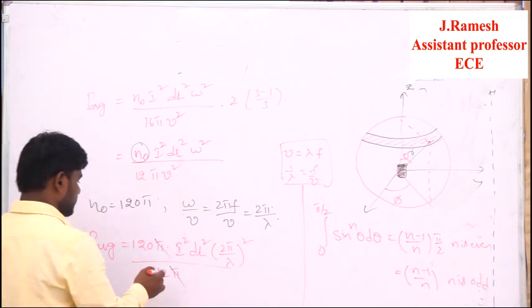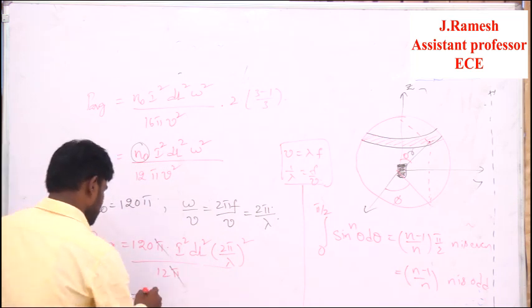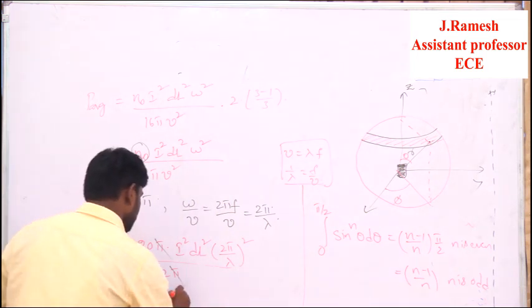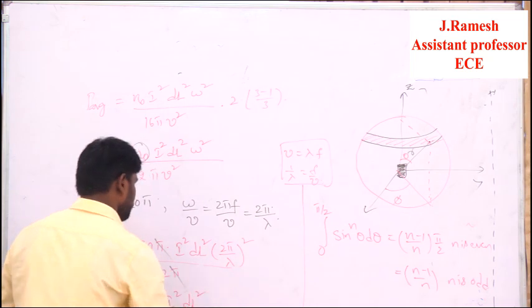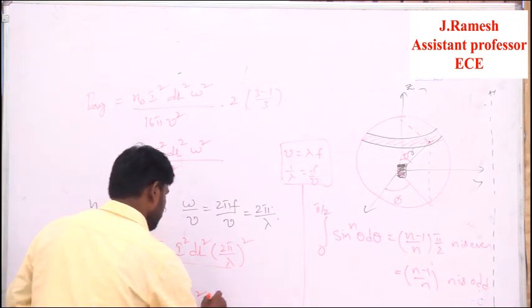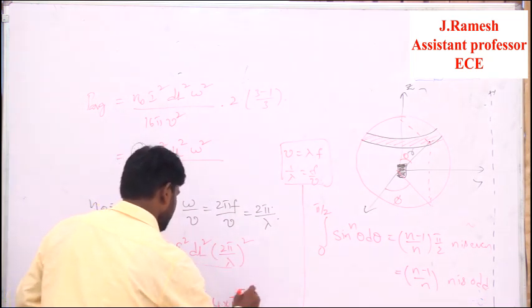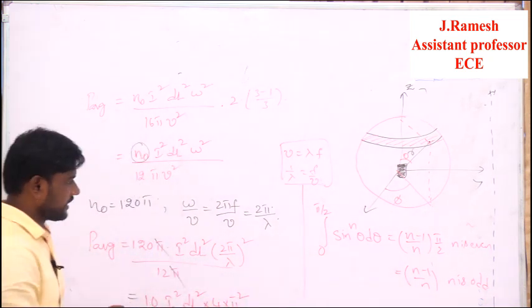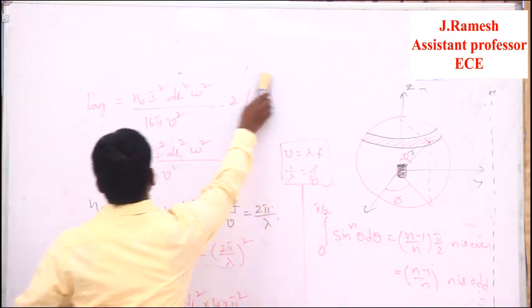So here my answer is 12 tens are, so 10 into I² into dl² into, 2² is equal to 4 into π² by λ². So from this I can write my entire simplified form.